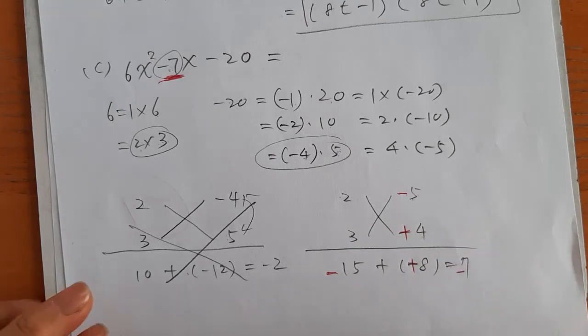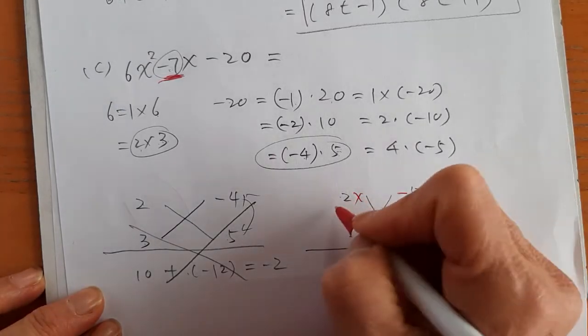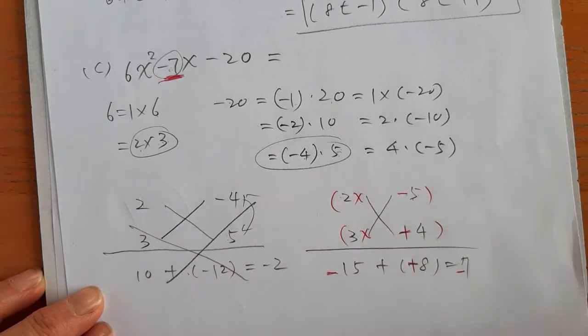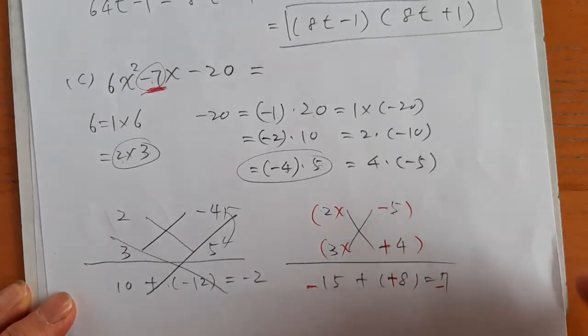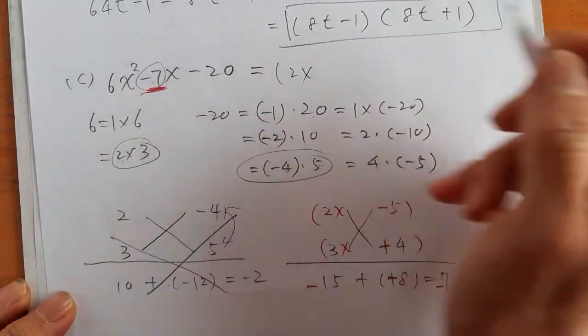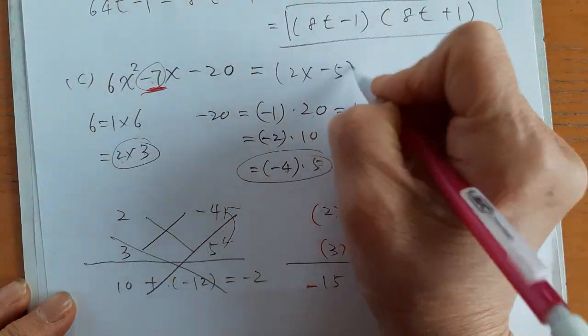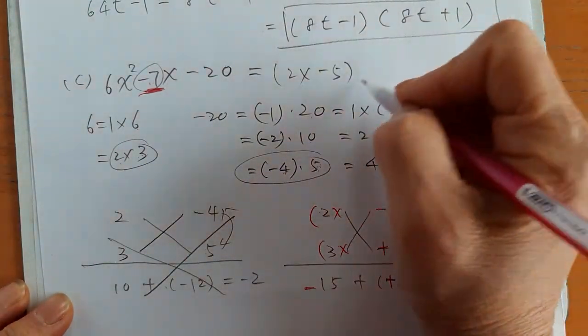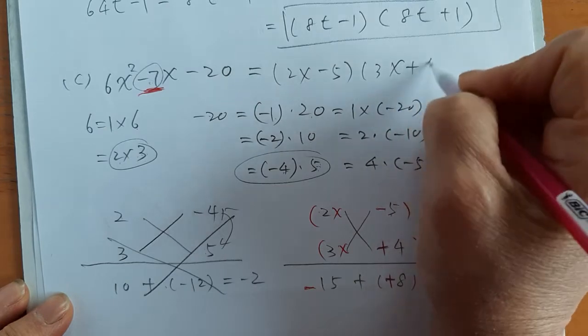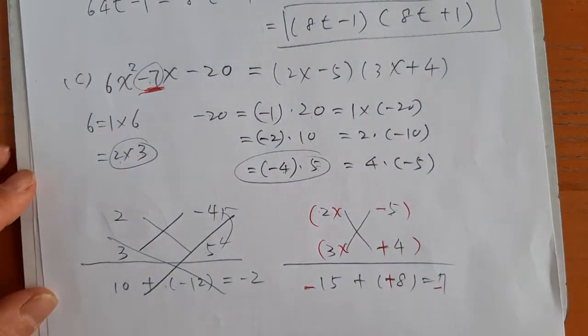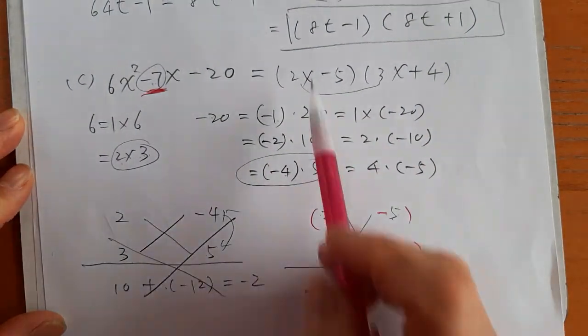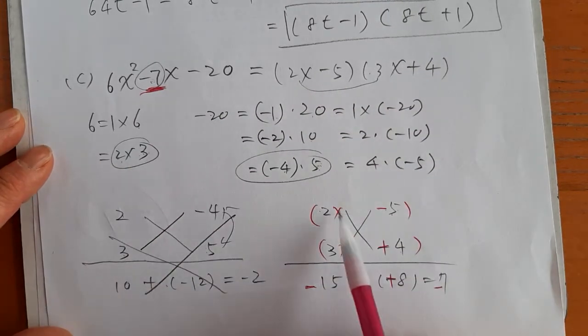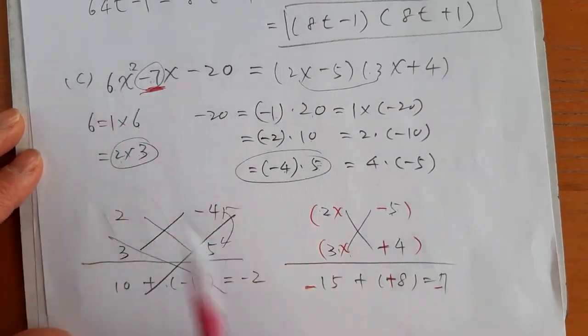So this one is right. Then you attach x, put the parentheses. So the factors become 2x minus 5 times 3x plus 4. And you can check it. First term product, 2x times 3x is 6x squared.